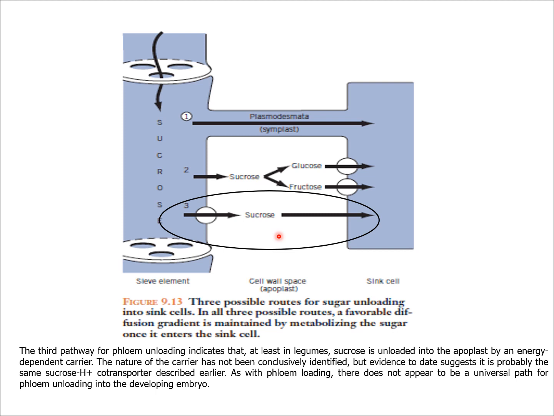The nature of the carrier has not been conclusively identified, but evidence to date suggests it is probably the same sucrose hydrogen ion cotransporter described earlier. As with phloem loading, there does not appear to be a universal path for phloem unloading into the developing embryo.